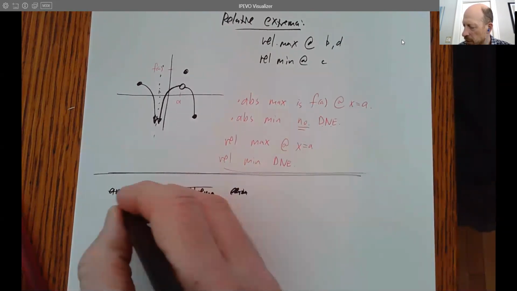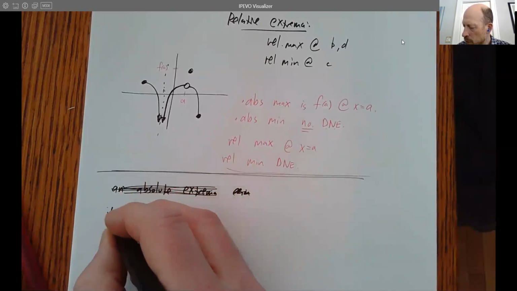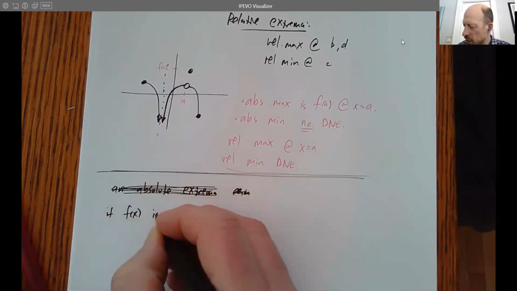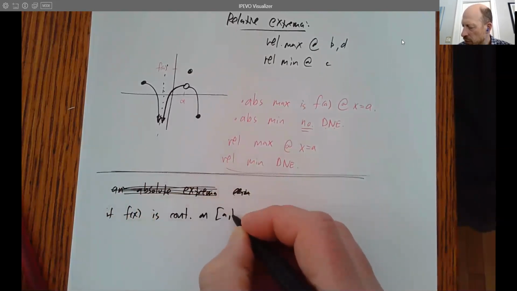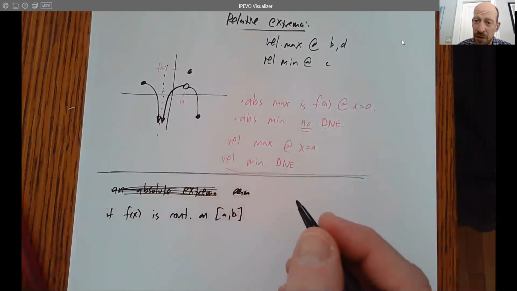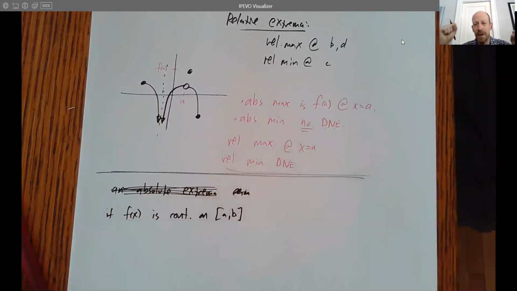Sorry, I jumped the gun here. If f of x is continuous on a closed interval, and we spent some time defining what that means, you want to imagine it's got solid endpoints, and there's some line that goes between those two endpoints.